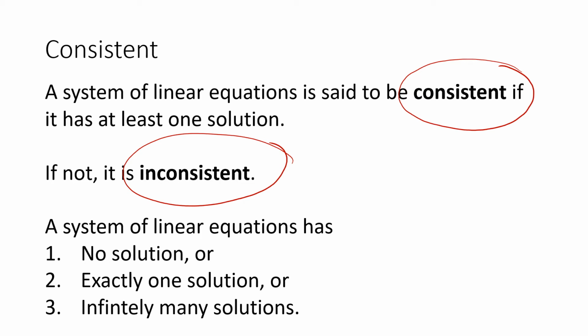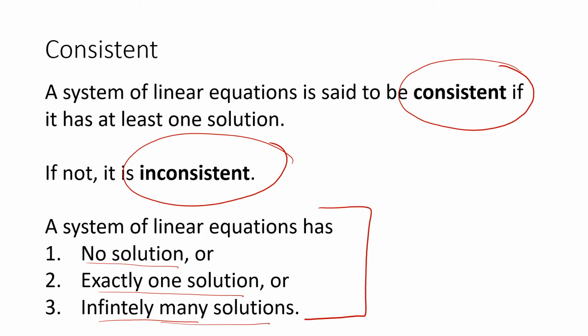And spoiler alert, here is one of the major results of systems of linear equations. When you have a system of linear equations, you are going to have three possibilities. First possibility is no solution. That's an inconsistent set. The second possibility is exactly one solution. Or the third possibility is infinitely many solutions. There is no such thing as a system of linear equations that has exactly three solutions.